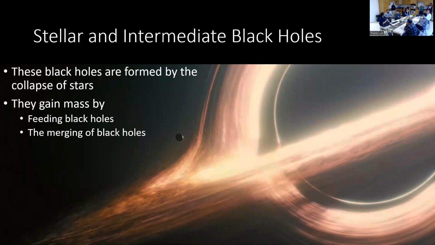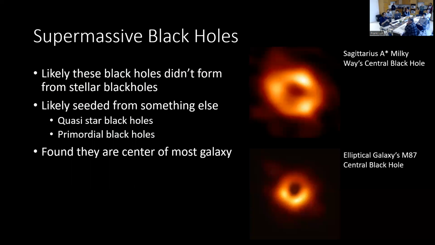That collapse of the core throws out all the other layers of the star, and that's how you get that. So that's how these formed. But for supermassive black holes, there isn't enough time in the universe for them to have been fed to get to the size they are, so they couldn't have formed by normal star core collapse. They had to form from another method, and that's where these two methods come from.